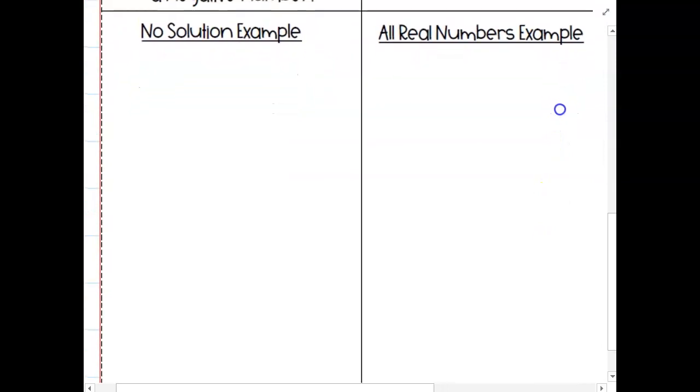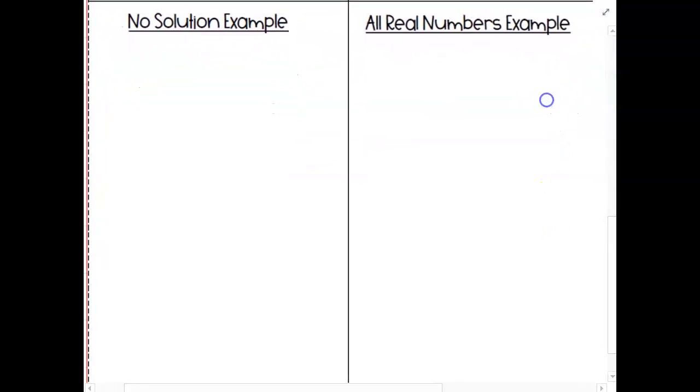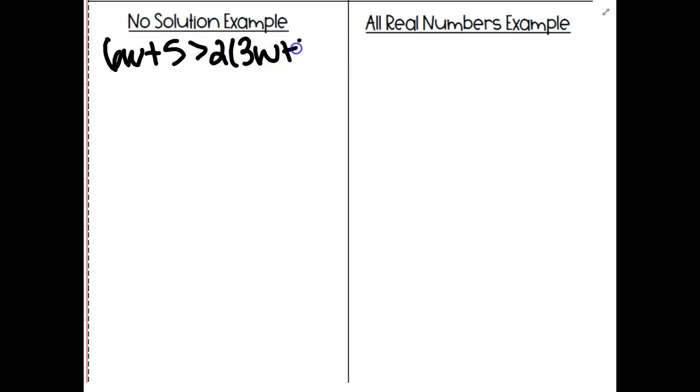Now, like I mentioned, there are going to be these ones that don't necessarily end up with an answer, but they're going to look just a little bit different than when we had an equation. So if I have 6w plus 5 is greater than 2 times the quantity 3w plus 3.